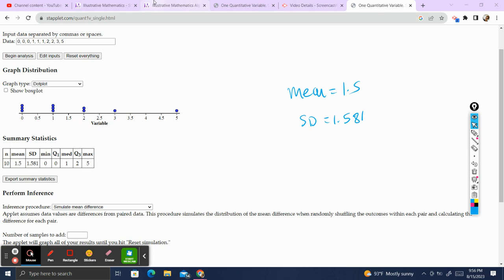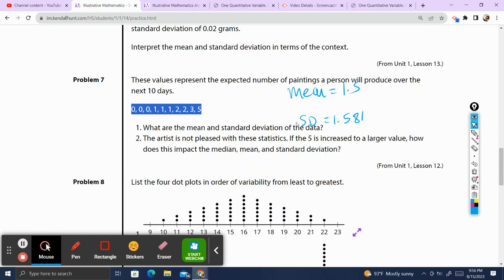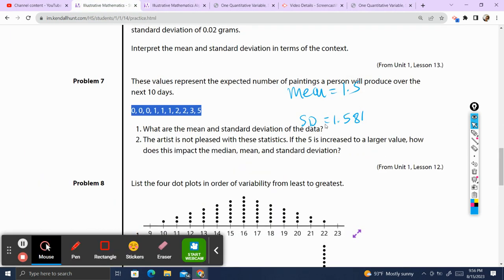Let's go back to the question to see what we're being asked. We have the mean and the standard deviation. Number 2, the artist is not pleased with these statistics. If the 5 is increased to a larger value, how does this impact the median, the mean, and the standard deviation? Well, we can do that without actually trying it out. If the 5 is larger, then because this value is going to be greater than the rest of these, the mean is going to get dragged to the right.